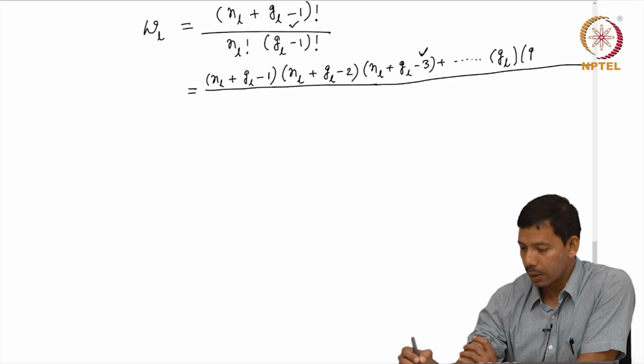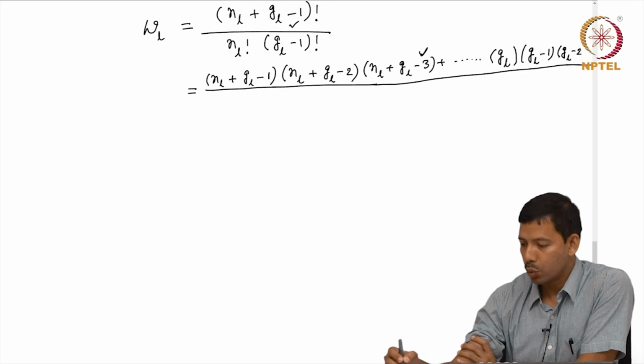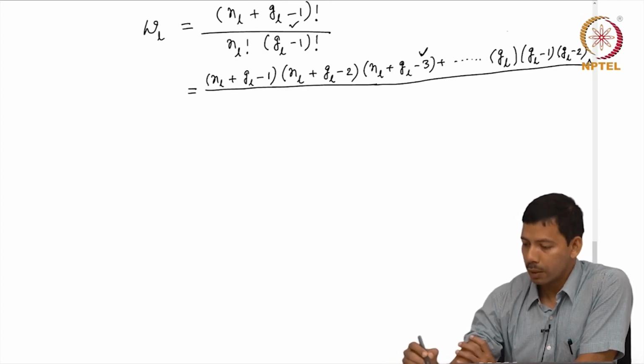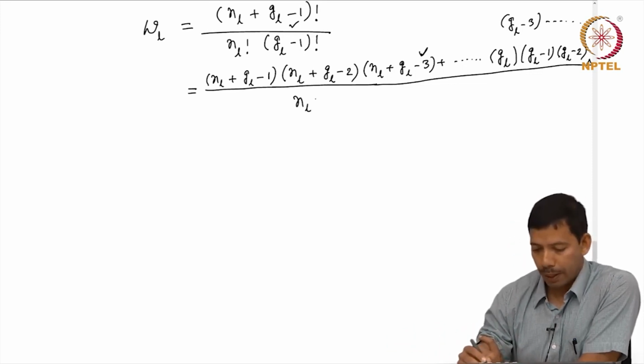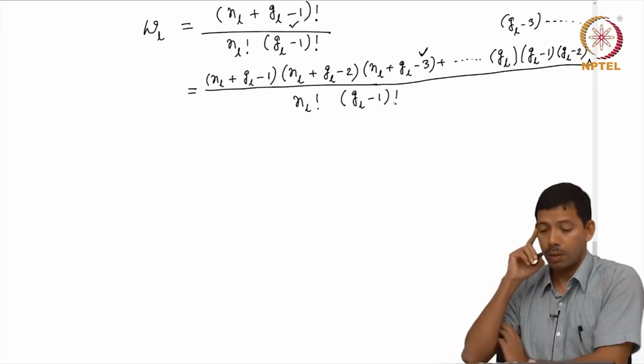After that we get GL minus 1, GL minus 2, GL minus 3, and it goes on. And at the bottom we have NL factorial, (GL minus 1) factorial.